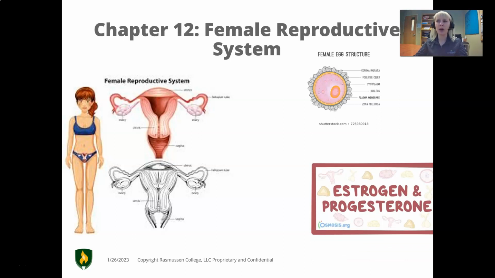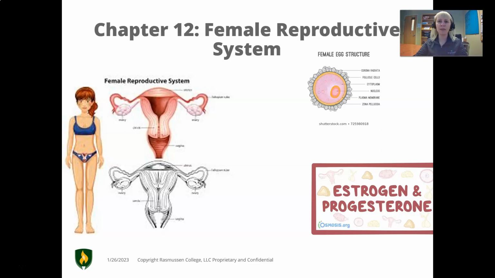The female reproductive system also produces female sex hormones, which we call estrogen and progesterone. And they play an important role in our reproductive process. These hormones are responsible for the development of secondary sex characteristics such as our breasts, as well as the regulation of our menstrual cycles.